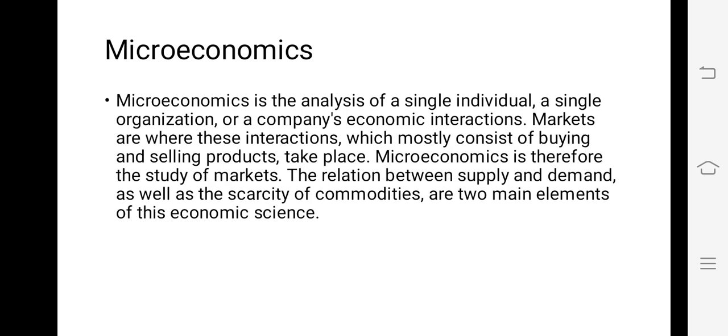Markets are where this interaction, which mostly consists of buying and selling products, takes place. Microeconomics is therefore the study of markets. The relation between supply and demand, as well as the scarcity of commodities, are two main elements of this economic science.